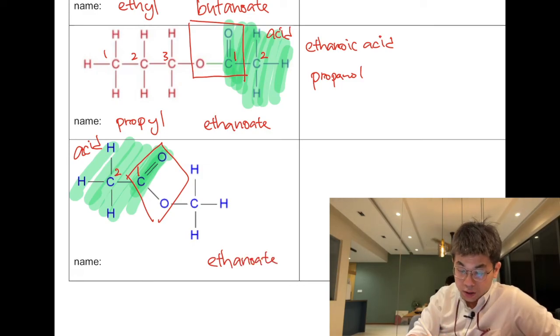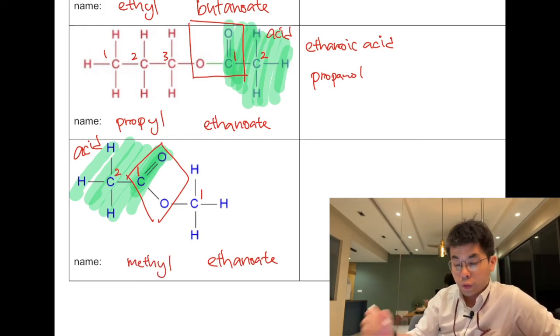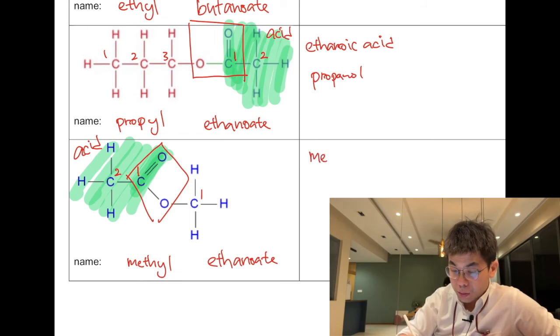Count the alcohol side, we got 1, so this is meth, methyl ethanoate. Methyl ethanoate is made out of methanol, the 1 carbon alcohol, and a 2 carbon ethanoic acid.